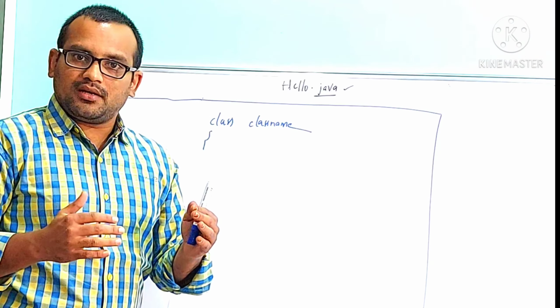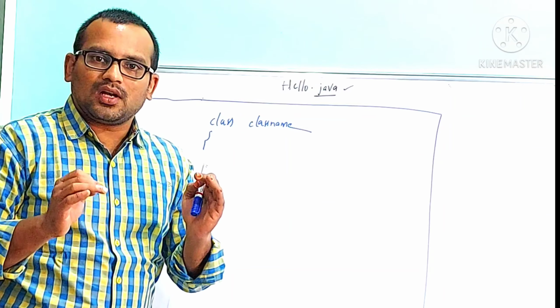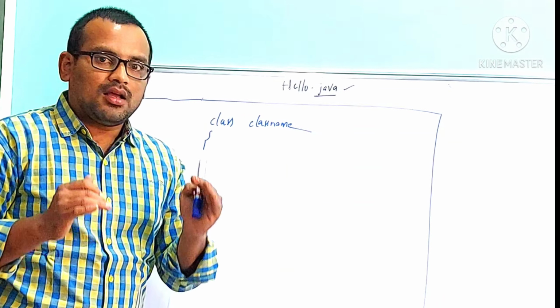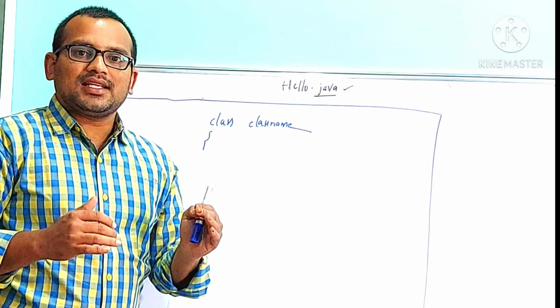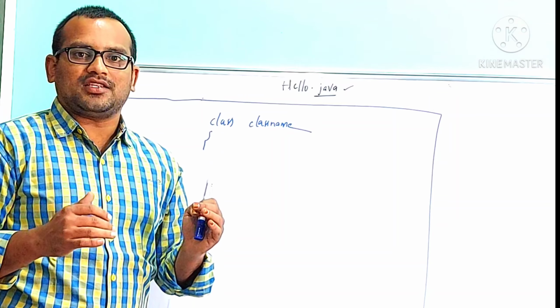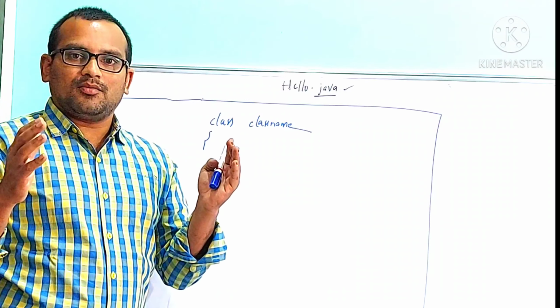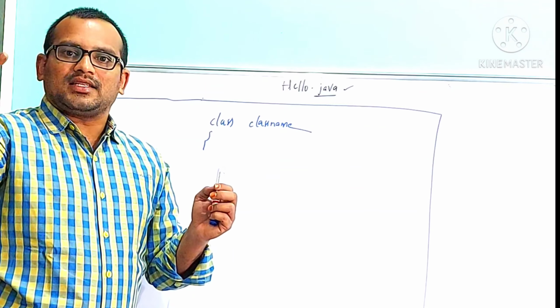I am telling you again, the entire program code should be inside the class only. Why are we writing inside the class? Because Java is an object-oriented programming language, which means entire programming depends upon the concept of object and class.